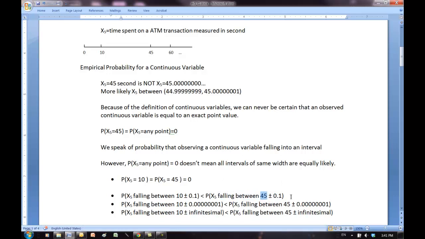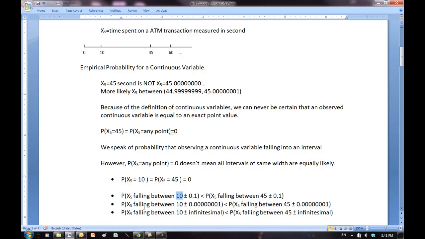Again, in other words, it's more likely to observe a transaction that takes around 45 seconds than to observe a transaction that takes around 10 seconds.